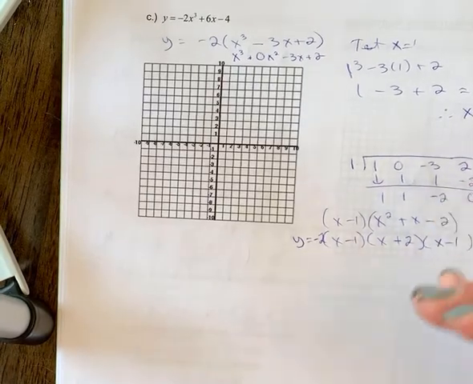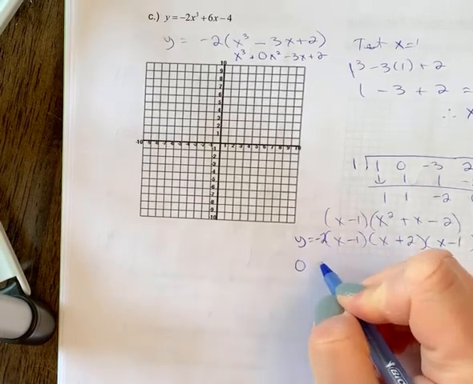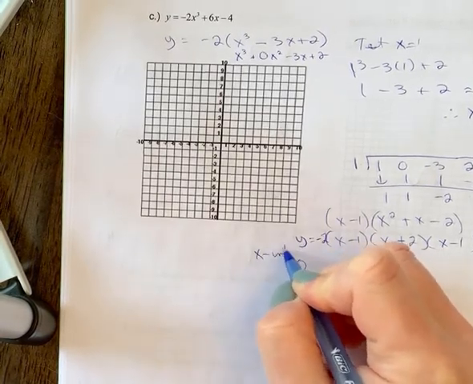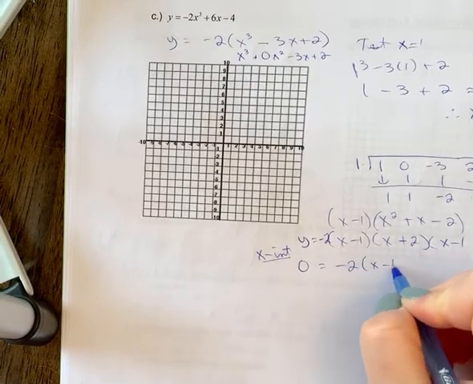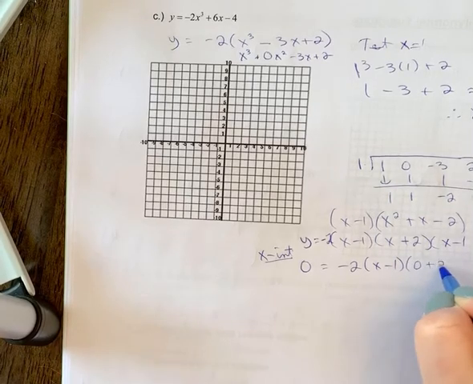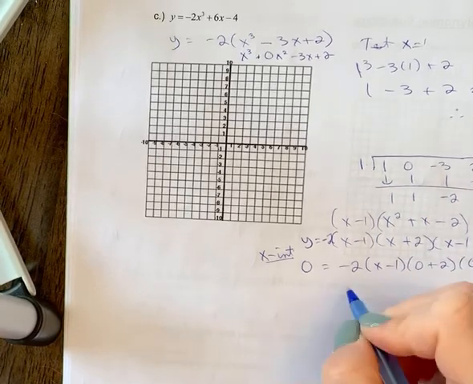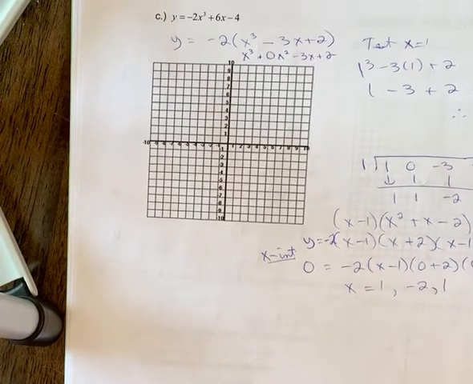This has to turn back into an equation. Now let's solve for the x-intercepts by plugging in. We plugged in 0 for y. So we have x equals 1, -2, and 1.